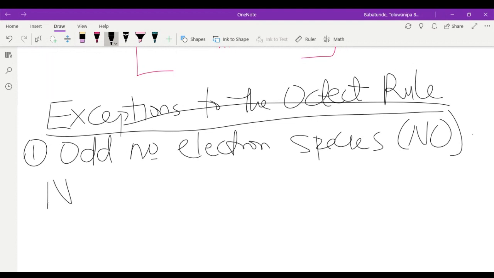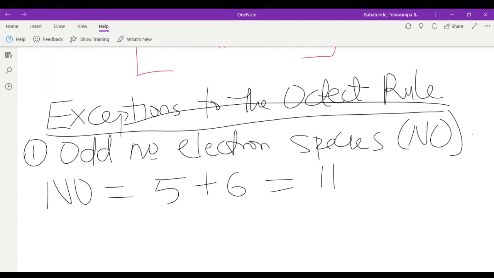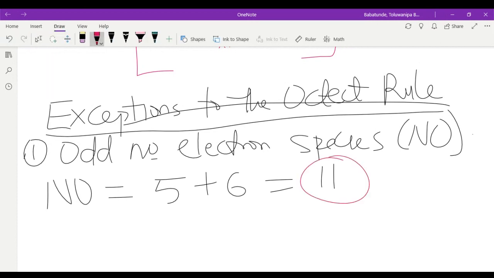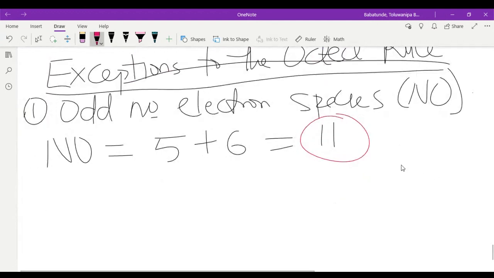If you look at NO, the valence electrons are 5 plus 6, which is 11. This is an odd number electron species. Whenever you have any of these, they are going to be an exception to the octet rule.